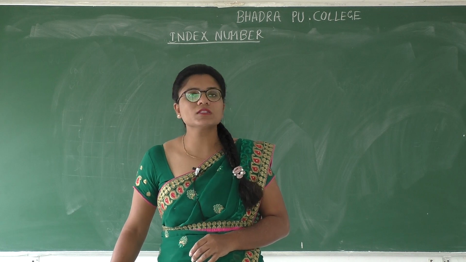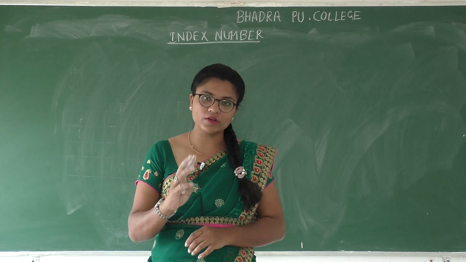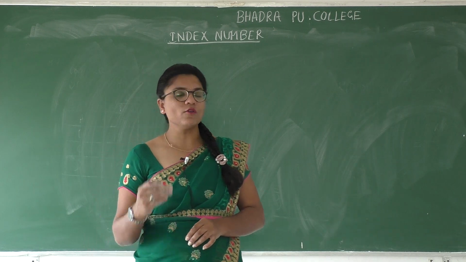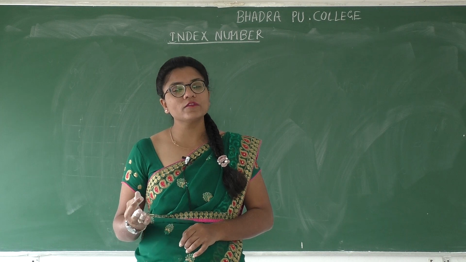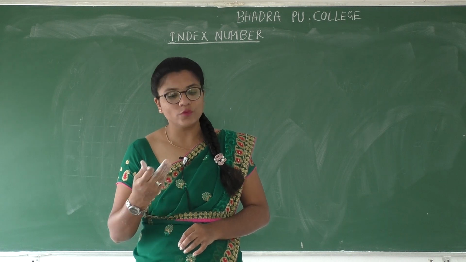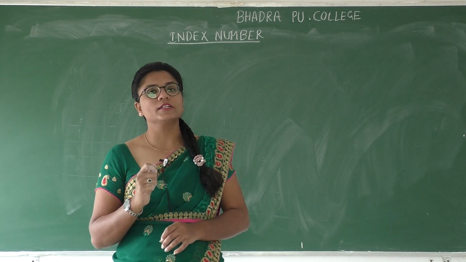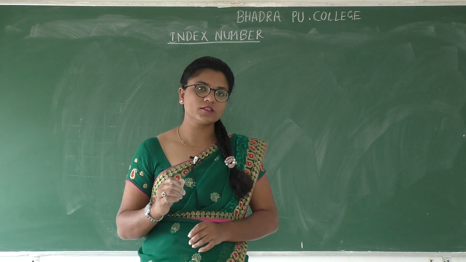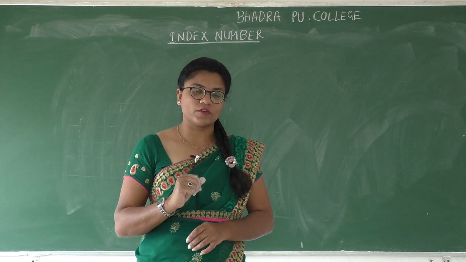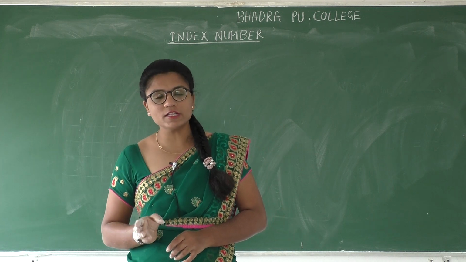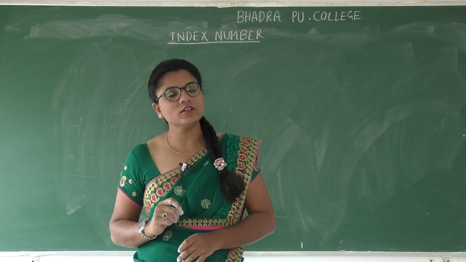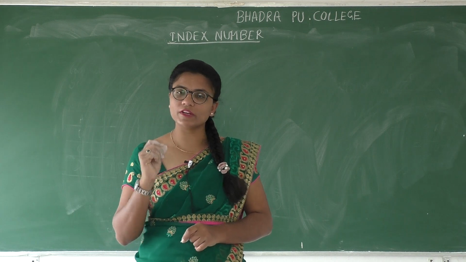So for that we have some tests. We have 4 types of test: first the unit test, second the time reversal test, third the factor reversal test, and fourth the circular test. The very important tests are two: first the time reversal test, and second the factor reversal test. These two are very important.